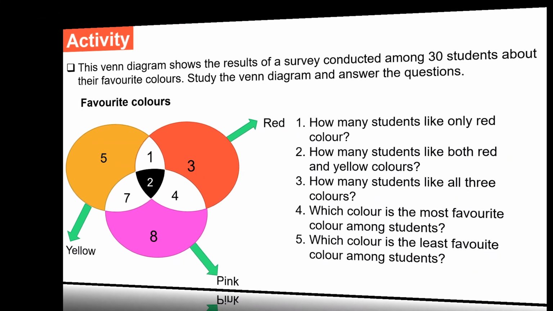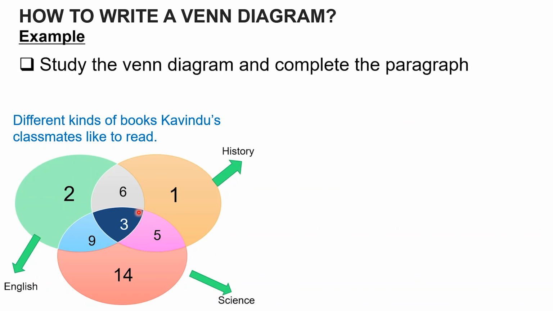Let's see the next. Do you know how to write a Venn diagram? Let's have a look at this example. Study the Venn diagram and complete the paragraph. This Venn diagram shows the different kinds of books Kavindu's classmates like to read. First, see the subject only circles.